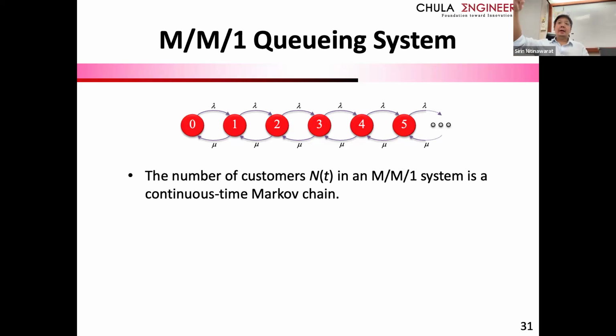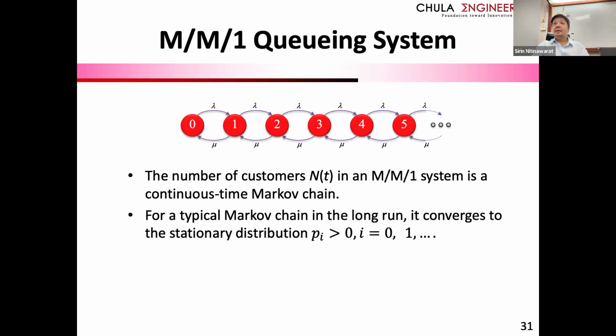So in the long run, what do you think will happen to this random process describing the number of customers in the system? It will settle into the so-called stationary distribution. In a sense, if I let the system run for a long time, then different states should come with certain probabilities that sum up to one, right?